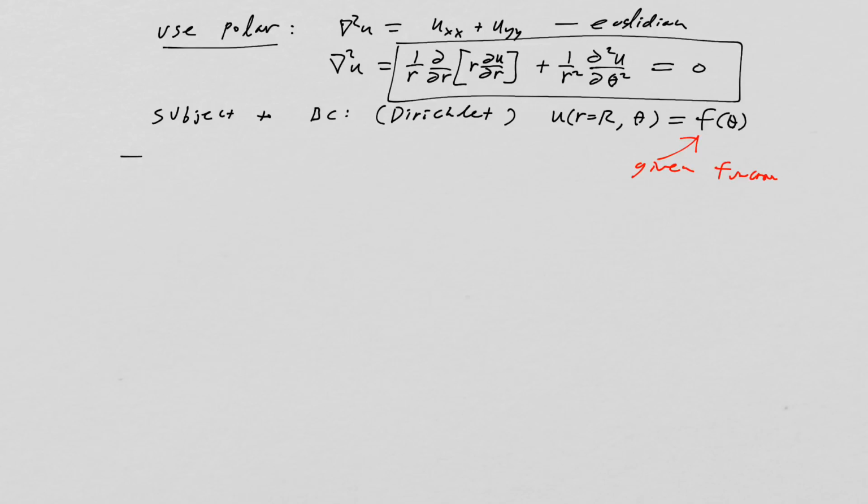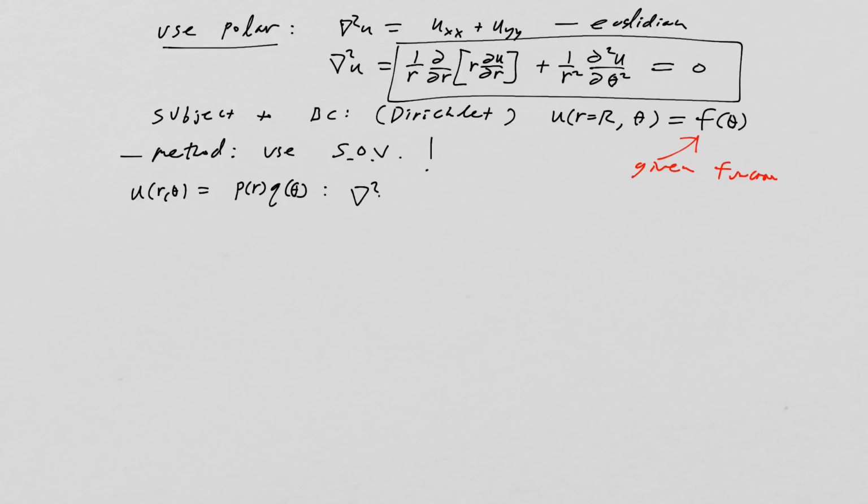All right, of course, the method is we're going to use separation of variables as always. Just like we've always done, u of r and theta is now going to become p of r times q of theta. We're going to basically factorize our problem into two components and see if we can work out a solution. All right, let's do this and plug it in.